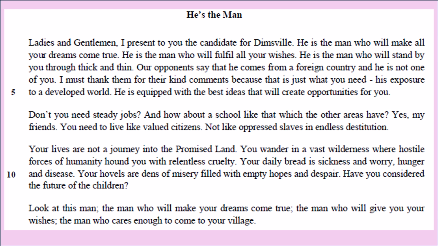Your daily bread is sickness and worry, hunger and disease. Your hovels are dens of misery filled with empty hopes and despair. Have you considered the future of your children? Look at this man, the man who will make your dreams come true, the man who will give you your wishes, the man who cares enough to come to your village.